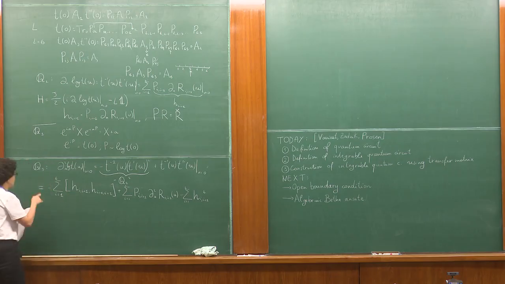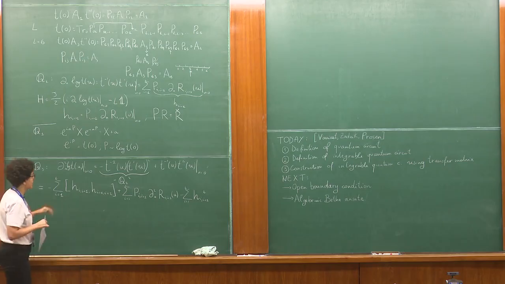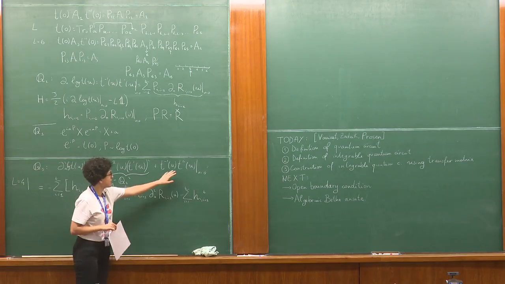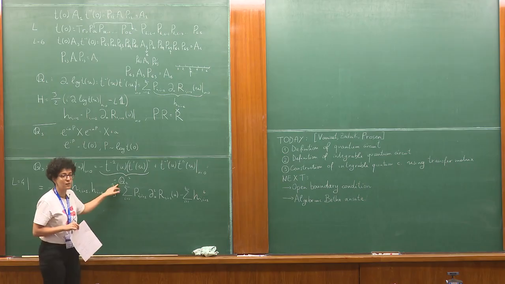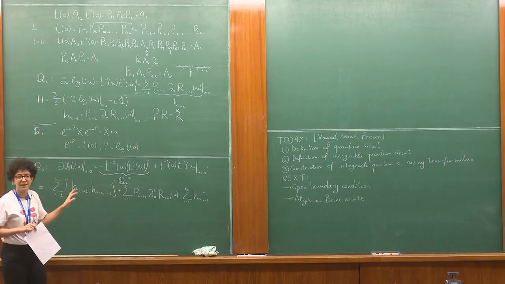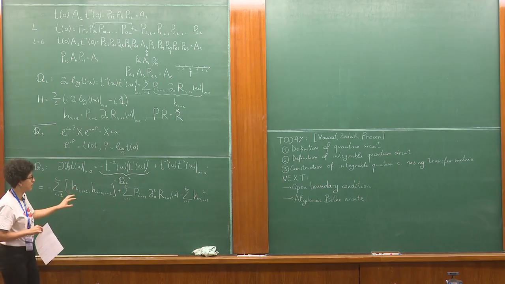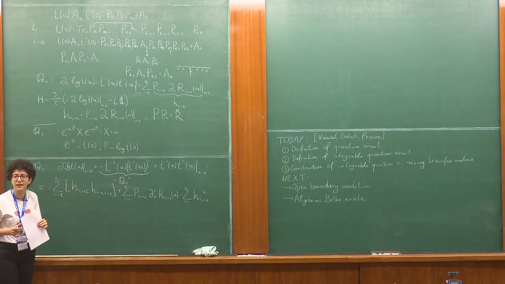You can try to get this expression explicitly for L equal to 4. And some of the terms coming from the second derivative will cancel exactly with this. So, yeah, I understand it's not very easy to see, but if you sit down and work it out, then it's probably more clear.